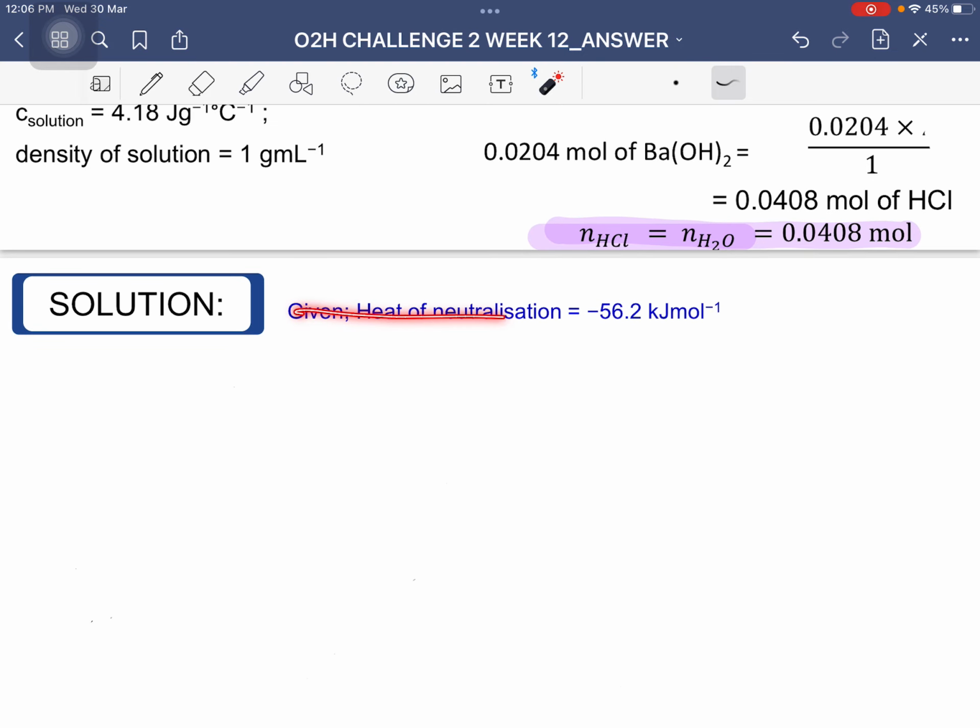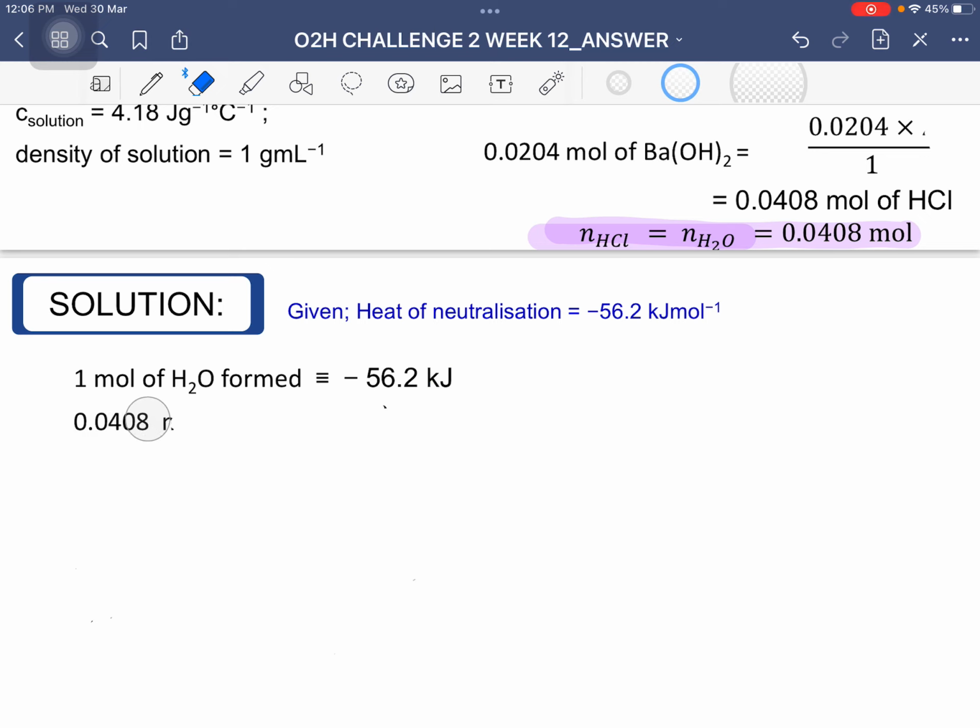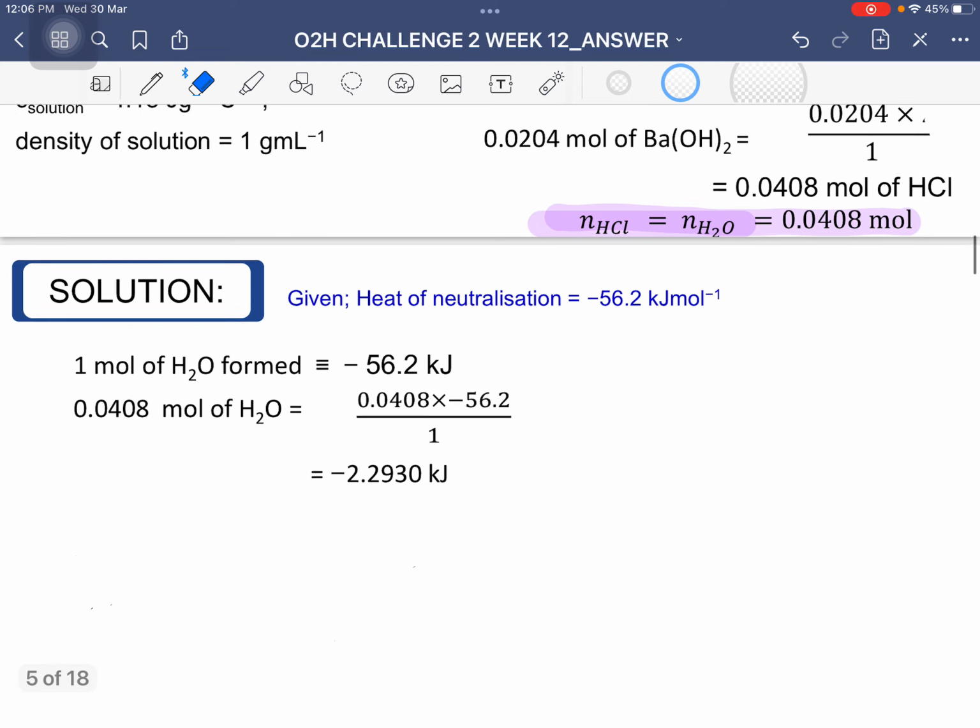And given the heat of neutralization is negative 56.2 kilojoule. So 1 mole water form melibatkan 56.2 kilojoule. So sekarang kita nak cari kalau 0.0408 mole water form, the heat produced is negative 2.2930 kilojoule.